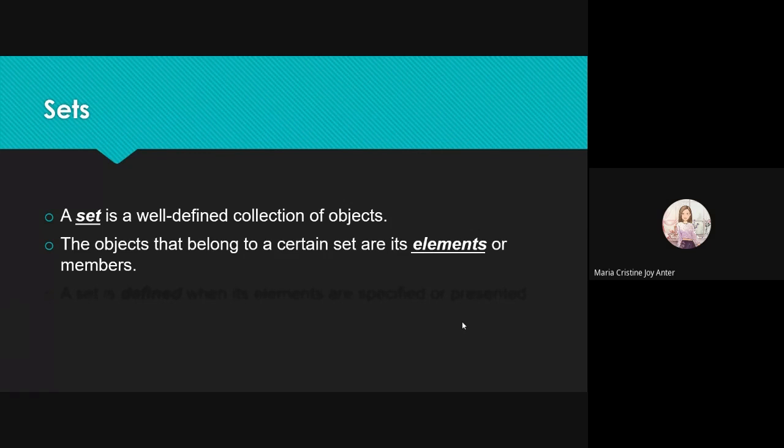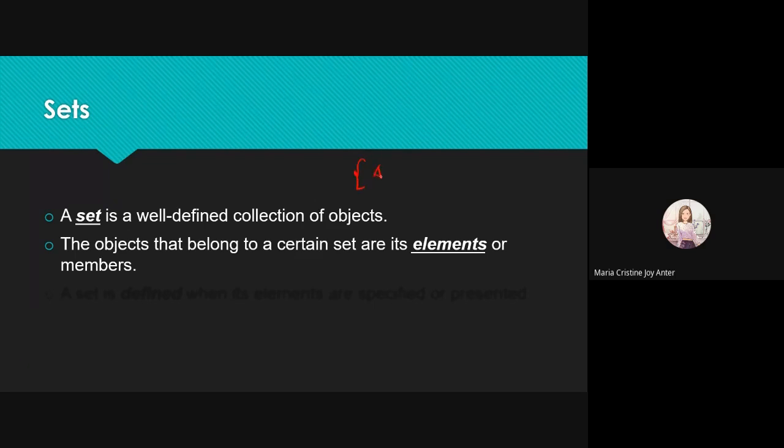Okay, so say for example, the set of letters or alphabet. We can represent its contents like this, right?